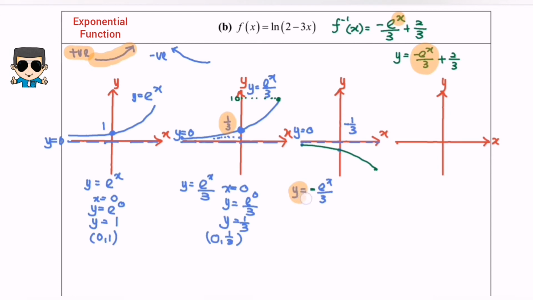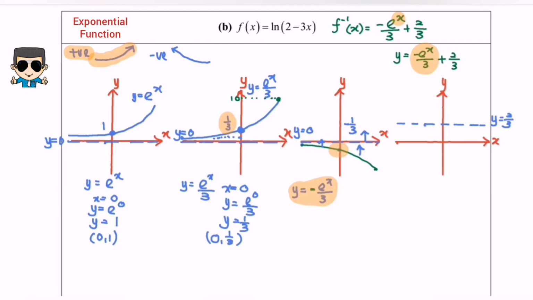Kindly refer to the previous situation: the whole graph we are going to shift, including the asymptote. So now our asymptote becomes 2 over 3, because 0 plus 2 over 3. So our asymptote will be y equals 2 over 3, including this point as well.